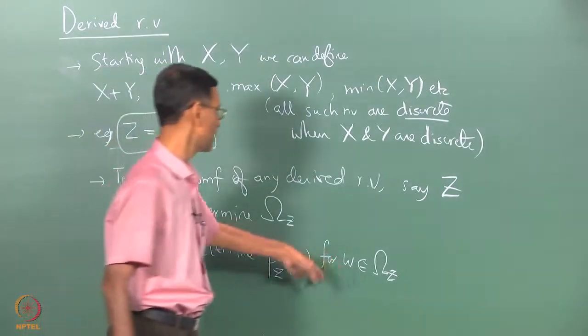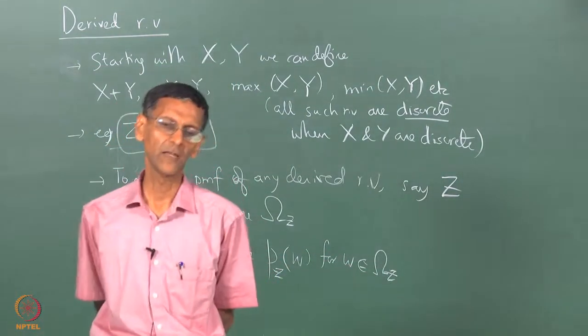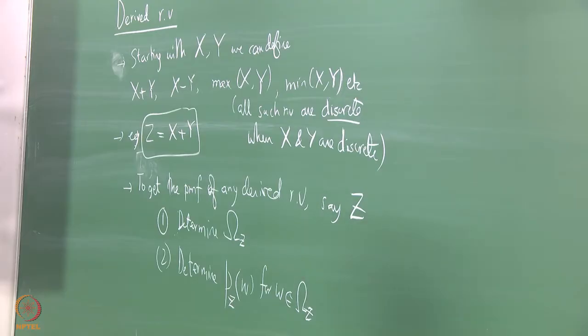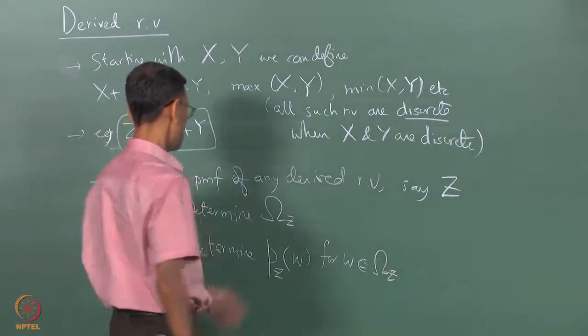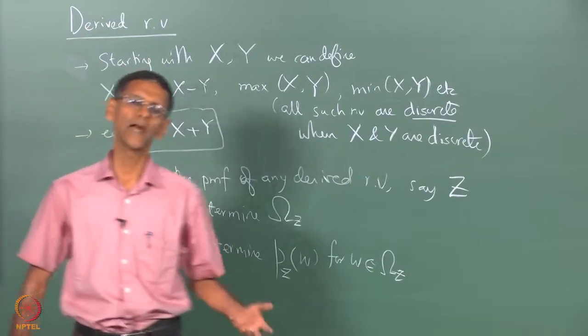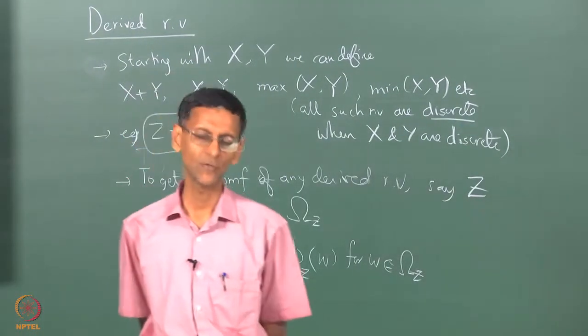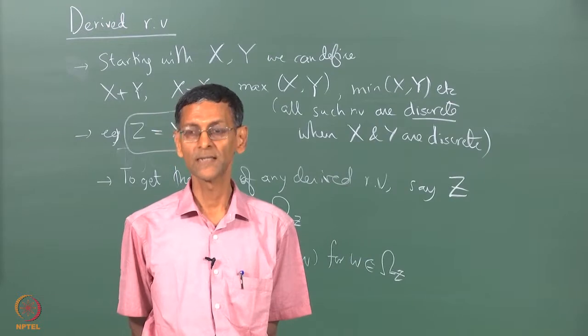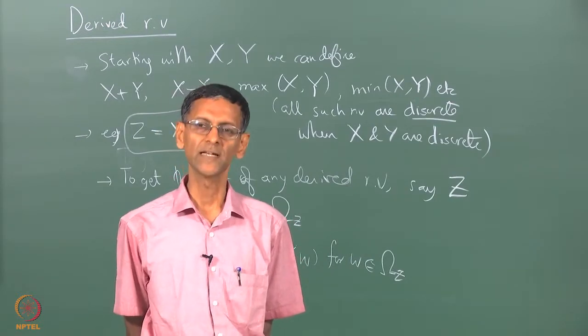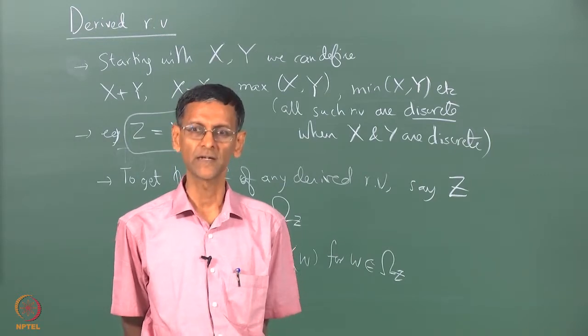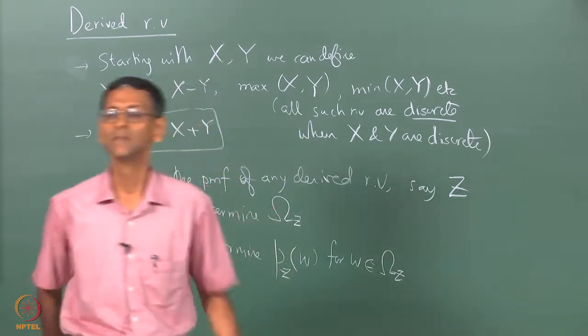If you do this for all possible values in omega z, only then is the PMF complete. And how do you do this? You just look at what combinations of x and y give you that particular value of z, and the joint distribution of x and y will automatically tell you the joint probability, which is inherited by z.